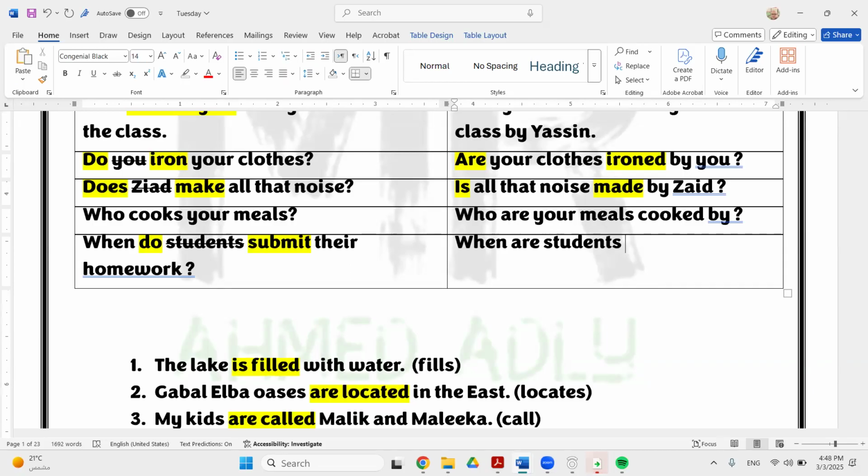Submitted their homework. Yeah, when are again. When are students submitted their homework? طيب أحمد سامح, can you correct this one? We have some mistakes here. Ahmed Sameh, can you correct?